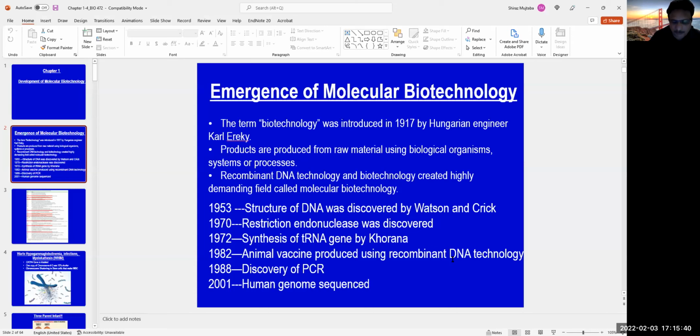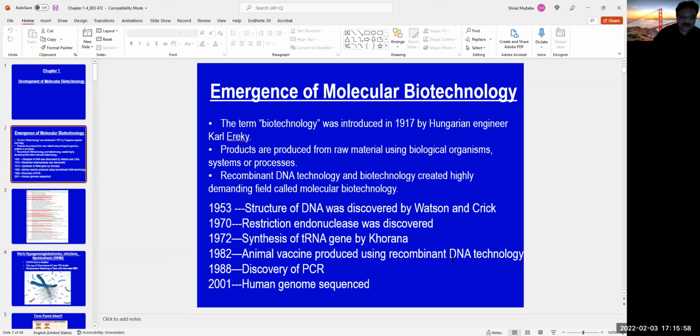So then from Mendelian principles it went to genetics, because people could figure out that this is the chromosome he's talking about, and on the chromosomes there are genes. But until 1953, people did not know the structure of DNA.